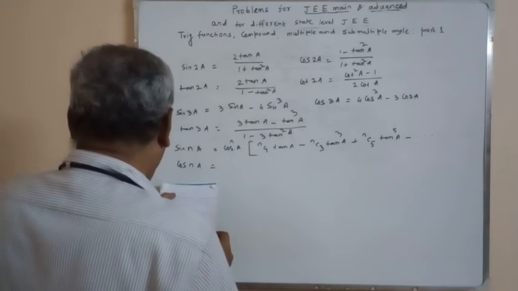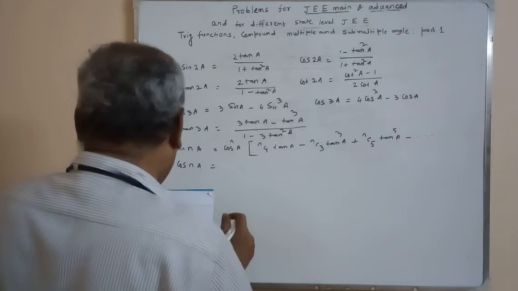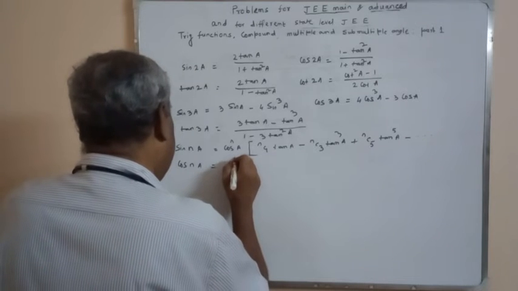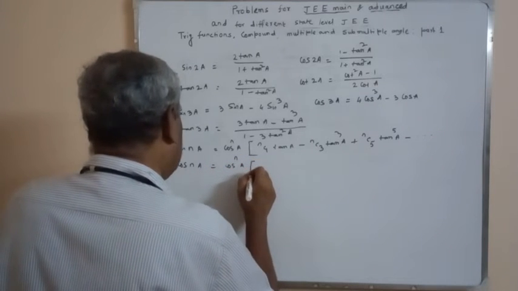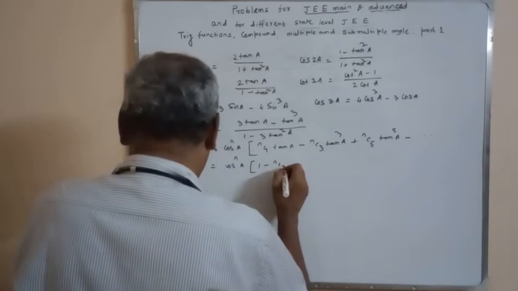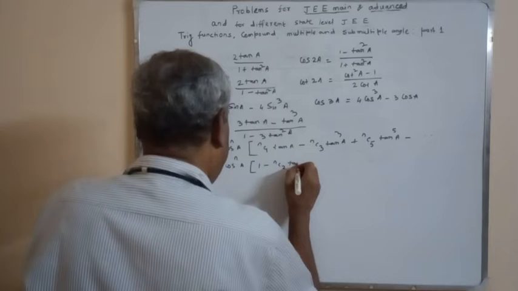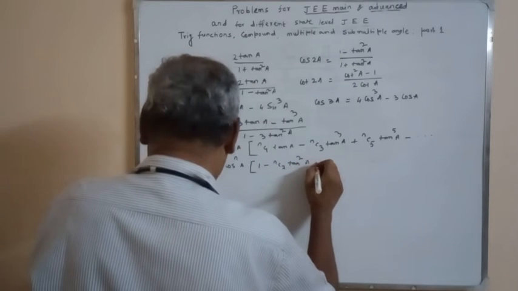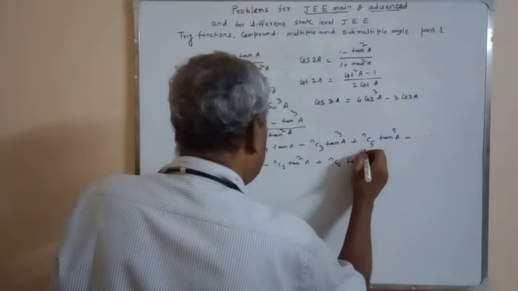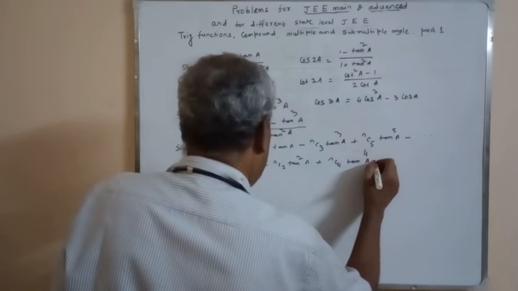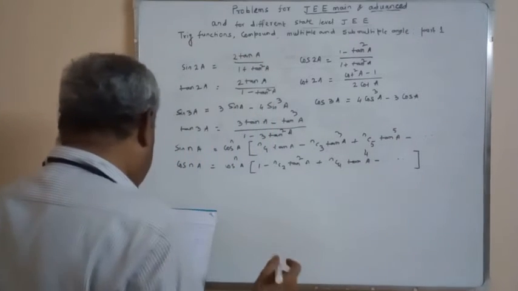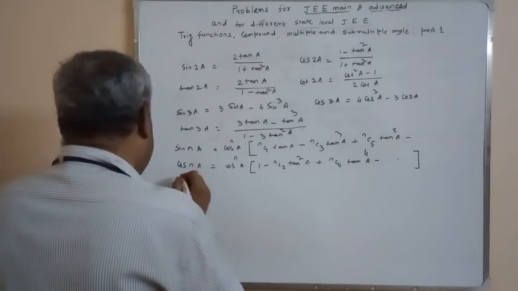Then cos of na is equal to the same thing, cos to the power n a into 1 minus nC2 tan square a plus nC4 tan to the power 4a minus and so on.